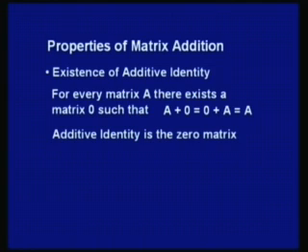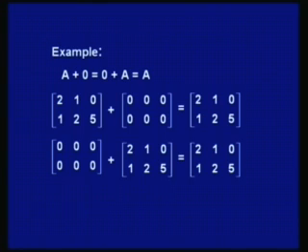So, this 0 matrix is of the same order as that of the matrix A. Like, if the matrix A is a 2 by 3 matrix, then a 2 by 3 null matrix of 0 0 0 0 0 0 will give rise to 2 1 0 1 2 5, the same as the matrix A, and this can be done in any order, like 0 plus A is also A. So, this is the additive identity for this matrix A, and this is true for all matrices.